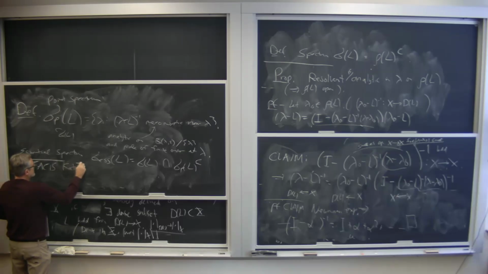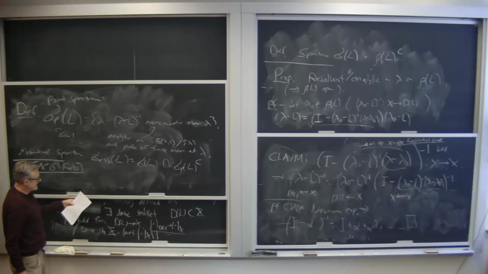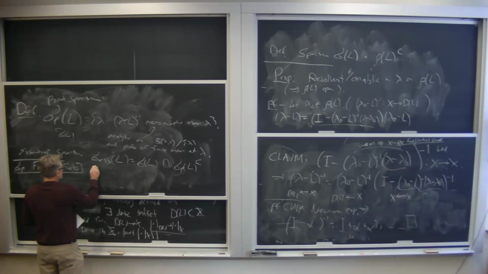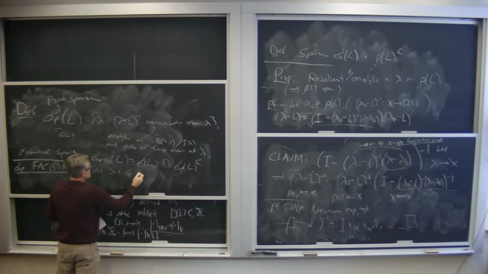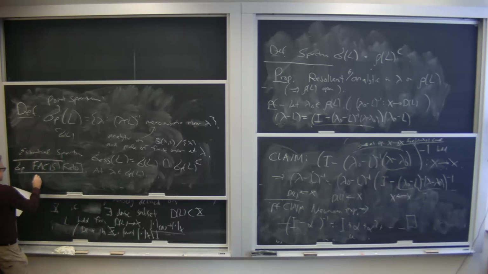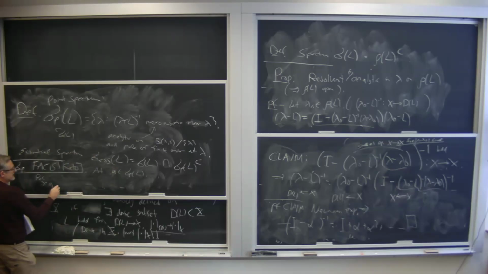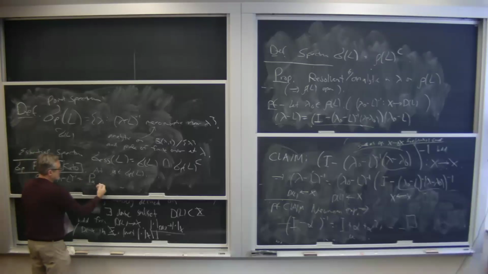Now here I will go outside the course and just refer to Kato. When you have lambda in the point spectrum, so at a pole of the resolvent, we have that the residue at lambda equals A of the resolvent is the eigenprojector.